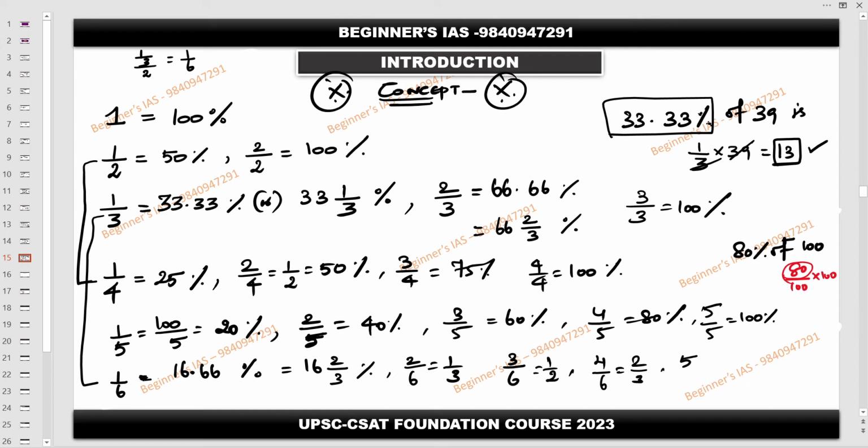Next is going to be 5 by 6. Here 1 by 6 is nothing but 16.66. For 5 by 6 you have to multiply that with 5. So 16.66 into 5, what is the value? I will get the value as 83.33 percentage. Then that 0.33 can be written as 1 by 3. So everyone understood?